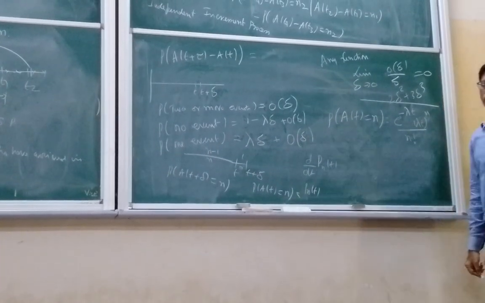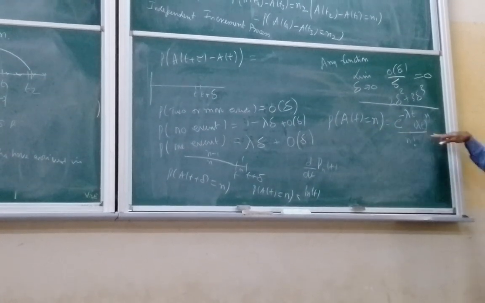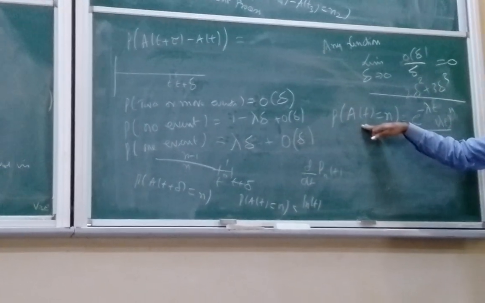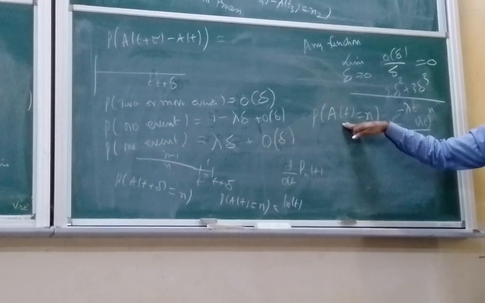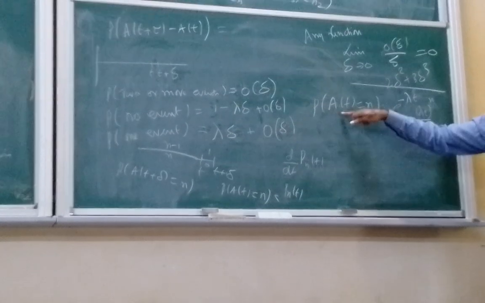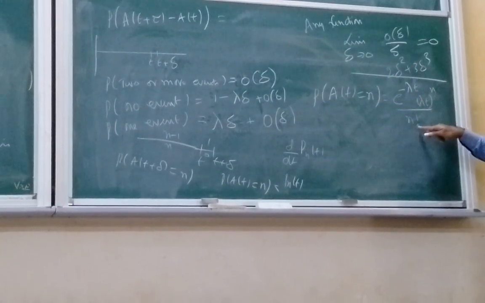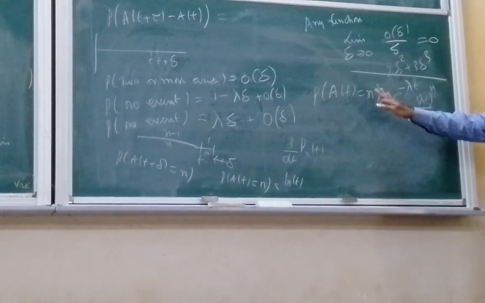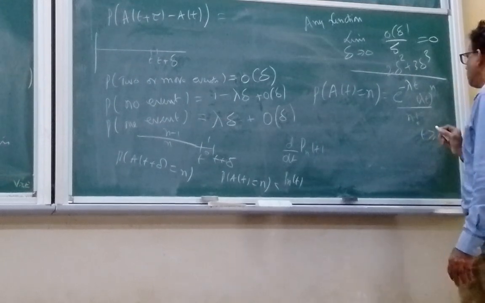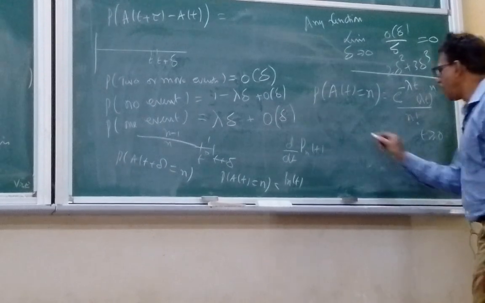If you do all those things, finally you will get a formula. The probability that A of t, the number of events that has occurred in a time interval of duration t, is equal to n, is given by e power of minus lambda t, times lambda t power n by n factorial, where lambda is a parameter, for t greater than or equal to 0, and n has to be a non-negative integer.